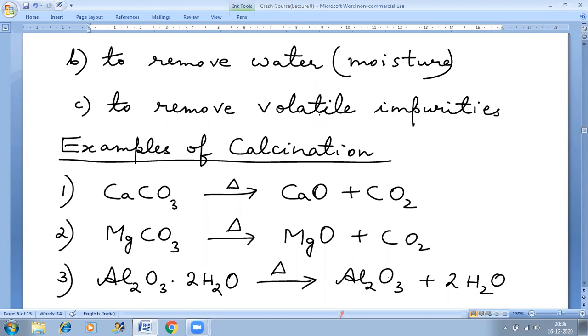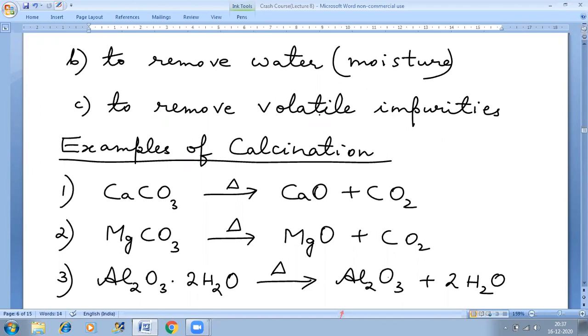Look at the third example. Now here we don't have any carbonate, but still I have carried out calcination. Why? Because on heating that particular ore, I will remove moisture. That is, all water particles will be removed. So H2O will escape as a gas due to the heat supplied. Once water escapes as a gas, I'll be left with only Al2O3.